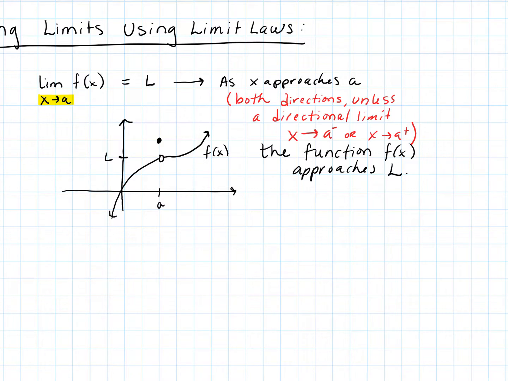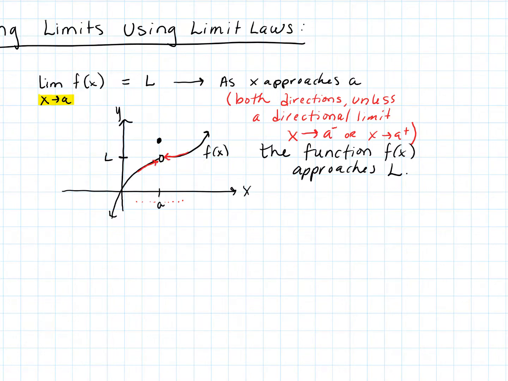So this would be a graphical description of what we've just drawn. The limit of a function as x approaches a is equal to L means that from both directions, as the x values approach a, we look from both ways, the function itself is approaching this value L, and that's exactly what this graph does.